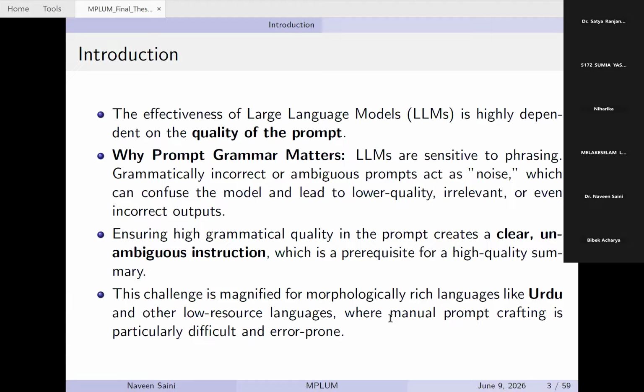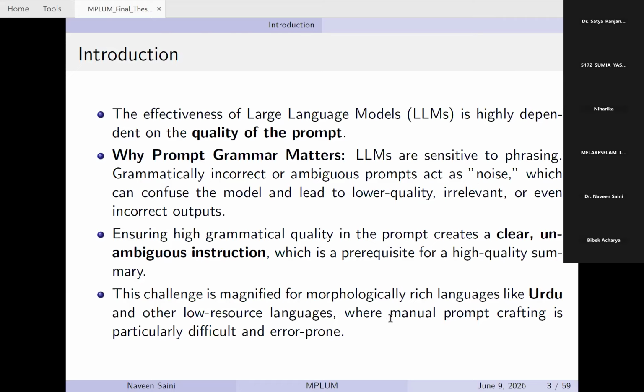For example, I don't know the Urdu language, but it is very complex. Urdu has morphological complexity. For example, in English, for the word play, possible variations are playing, played, plays, like this.